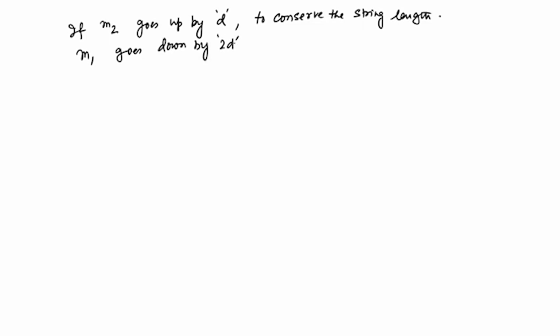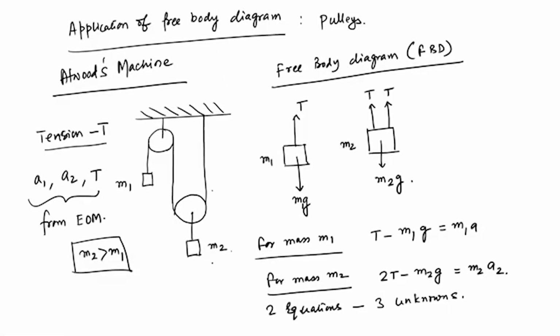Let me explain this here. We assume that this is going up by a distance D. Now, this has to come down by a distance 2D.